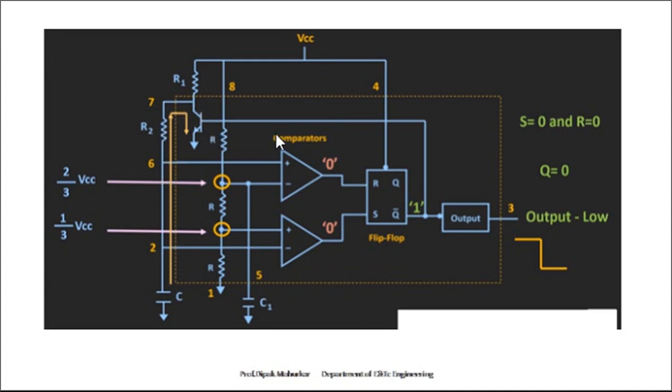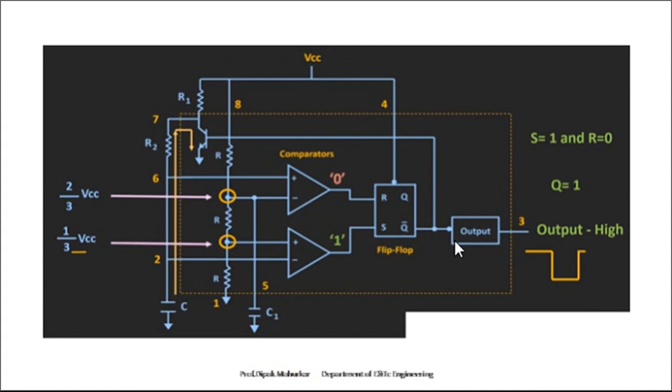So what will happen? Whenever the capacitor starts discharging through resistor R2, the comparator again compares both inputs and generates the output, and accordingly we get the output equal to 0. Again the next one, S equal to 1, R equal to 0 will occur, because the capacitor will be charged again, and the output will occur accordingly.